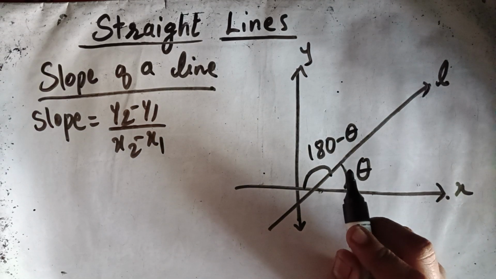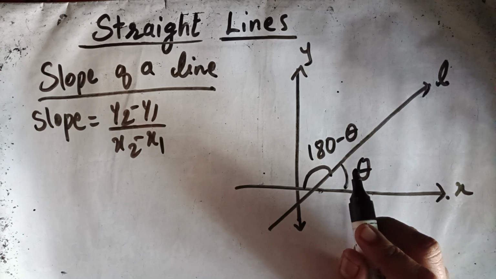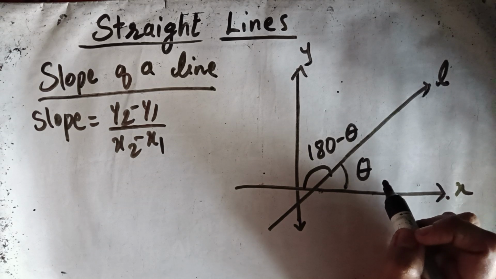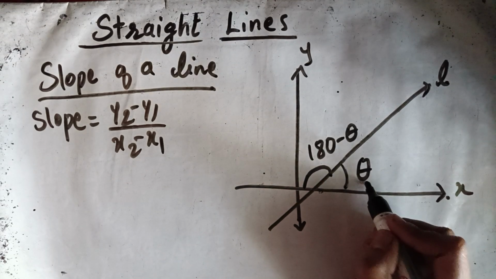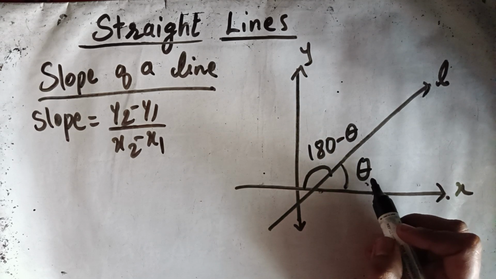The angle theta made by the line L with the positive direction of the x-axis, measured anti-clockwise, is called the inclination of the line. So theta is between 0 and 180.